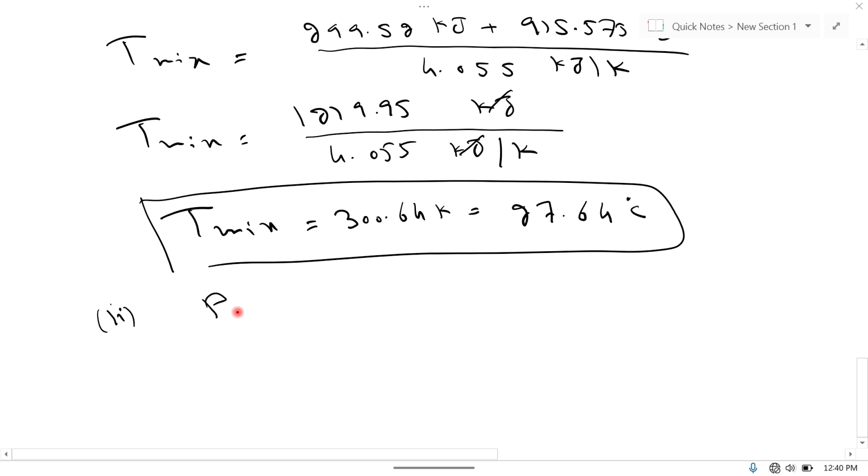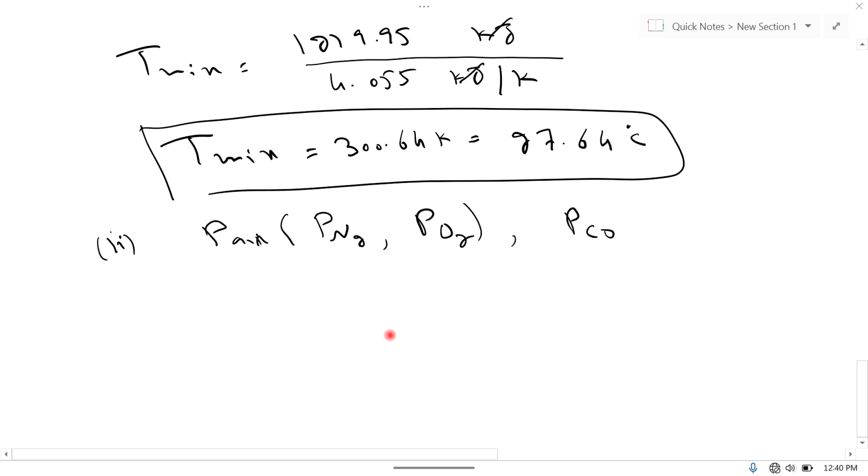Air contains two constituents, nitrogen 79% and oxygen 21%, already explained at the start of the problem. And partial pressure of carbon monoxide. So we need the molar mass of carbon monoxide, molar mass of oxygen, and molar mass of nitrogen. We already know the molar mass of nitrogen is 28 kilogram per kilomole.